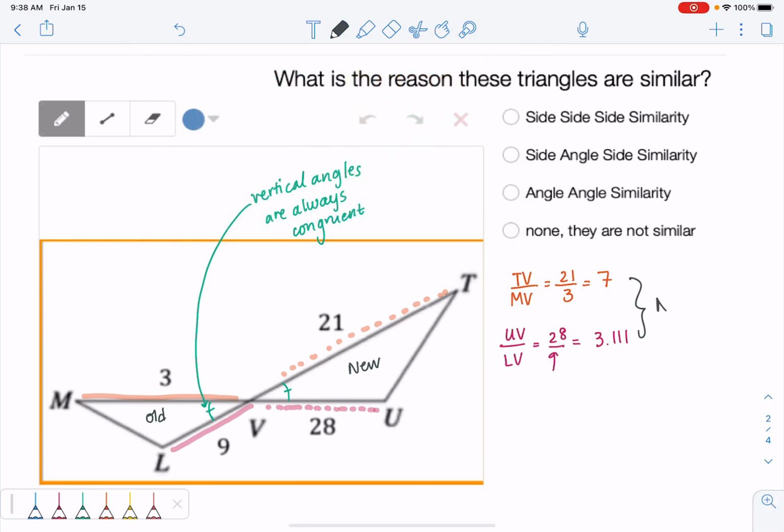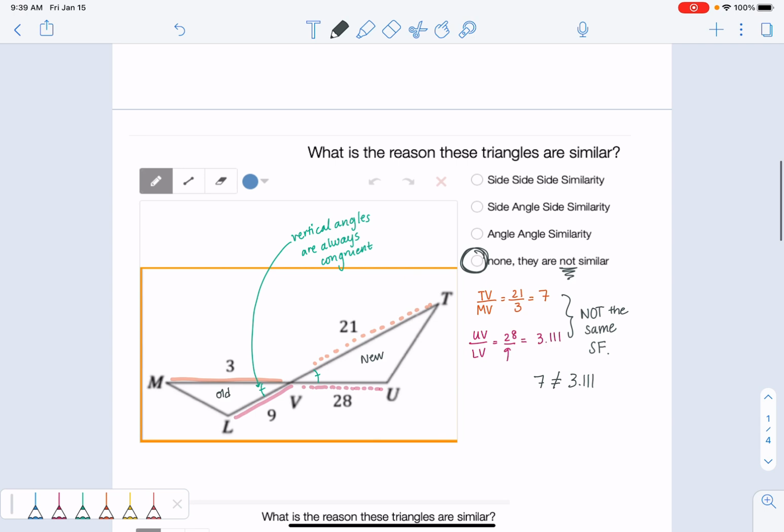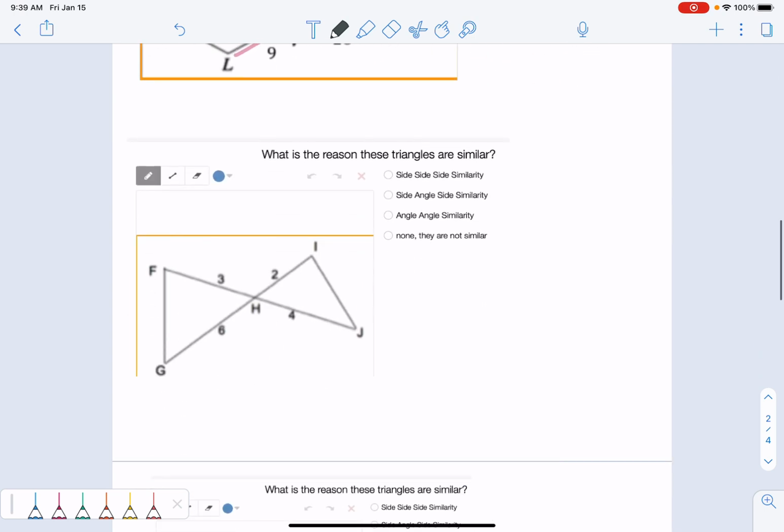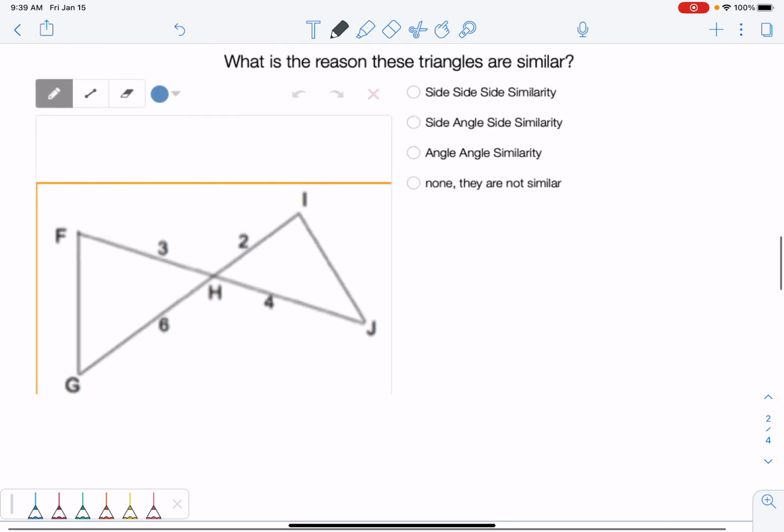These are not the same scale factor. So they are not similar, because 7 does not equal 3.111 forever. Pause the video and try this one on your own, and then you can watch me do it to check your work.